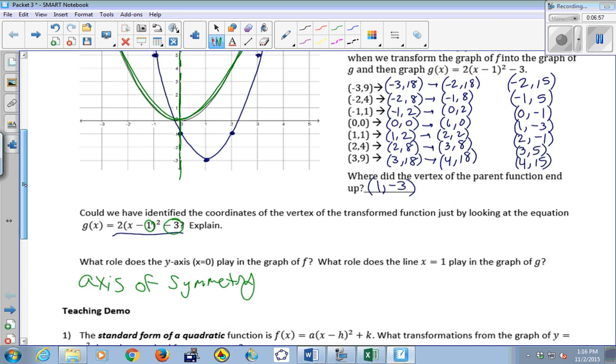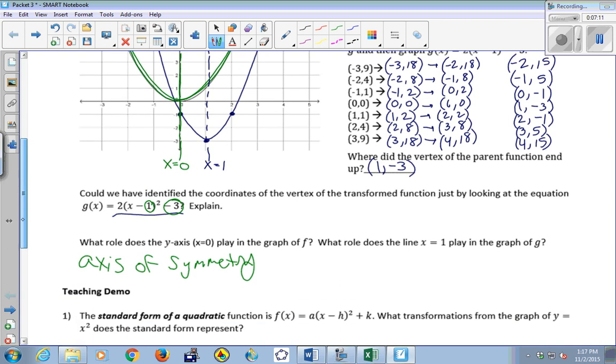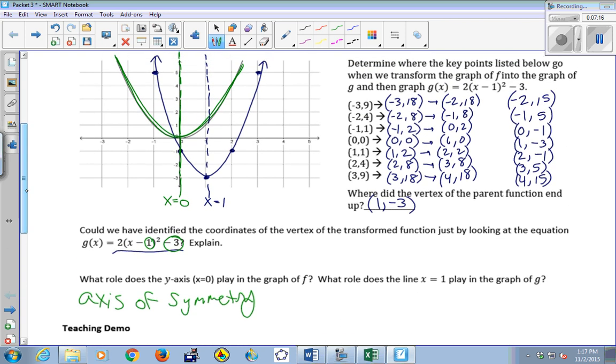And that axis of symmetry moved when we created our new transformed function. It moved over here to the line x equals 1. And this green one, that's the equation x equals 0. So they are both axes of symmetry.